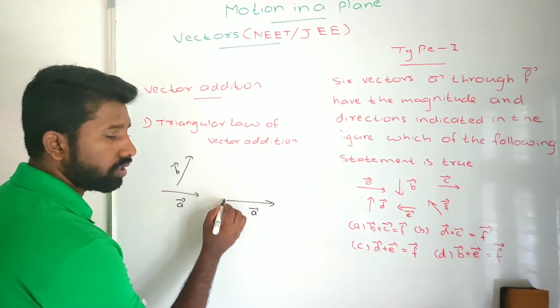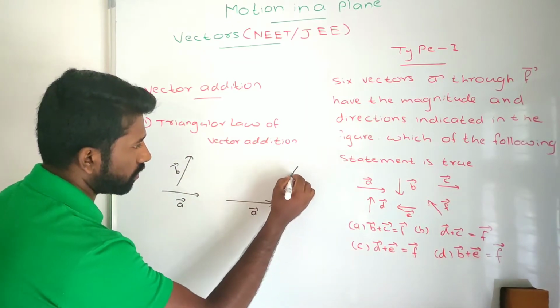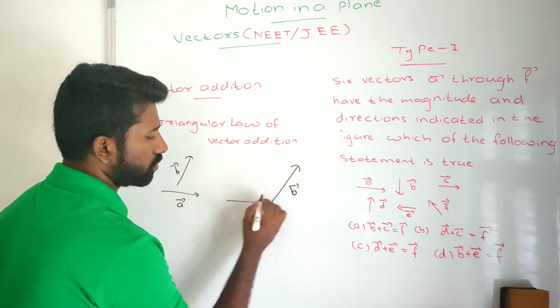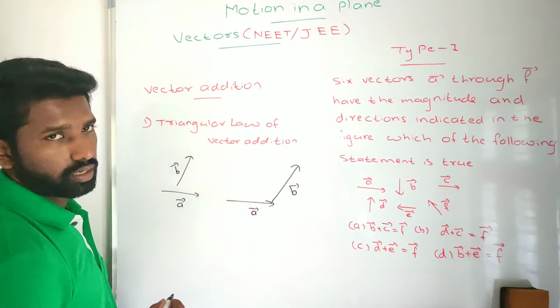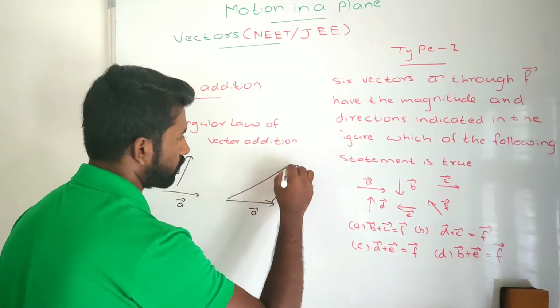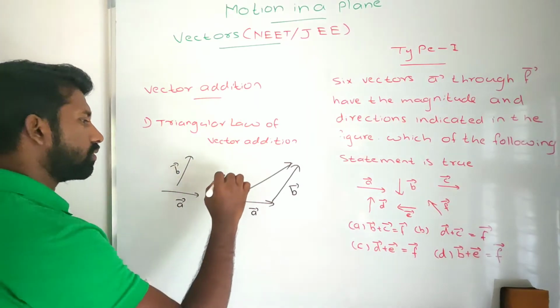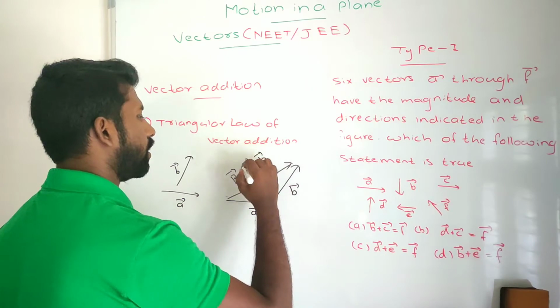This is the tail of a vector, this is the head of a vector. So I am going to place this B vector tail to the A vector head. Now you see A vector is from tail to head, B vector also tail to head. So these two are in the same order, then the resultant is in the opposite order. That means like this. So this resultant is the addition of A and B.